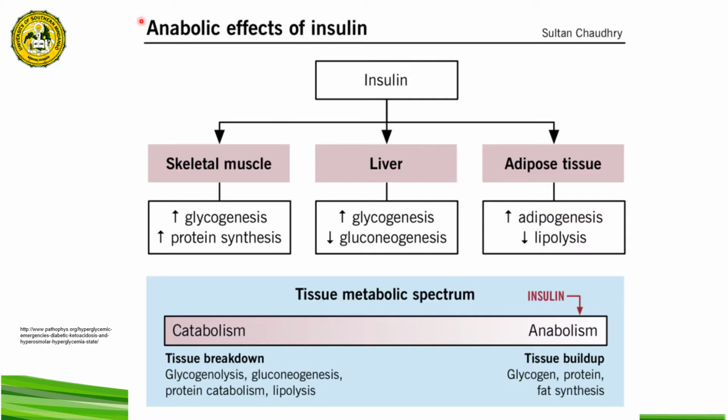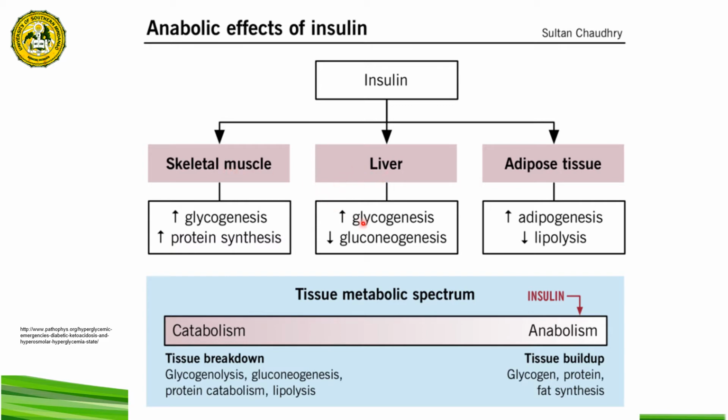We have here a diagram showing the anabolic effects of insulin. Insulin is important for tissues such as the skeletal muscle, the liver, and adipose tissue, because it will promote glycogenesis and increase protein synthesis, for example, in the skeletal muscle.